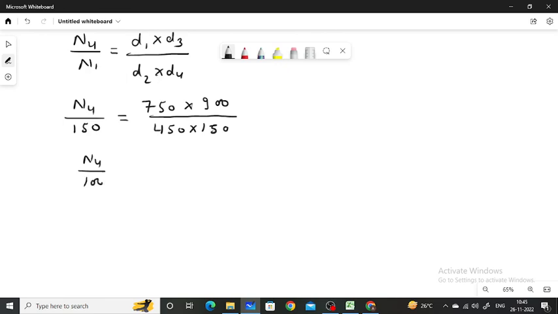Now from here N4 upon 150 will be equal to 10, or N4 is equal to 1500 rotations per minute.